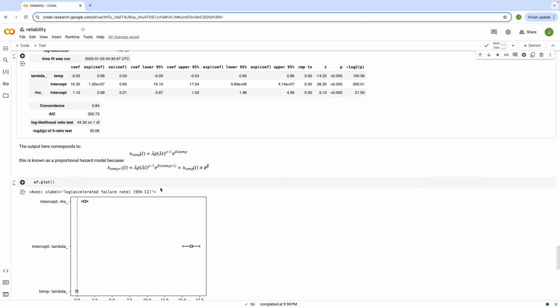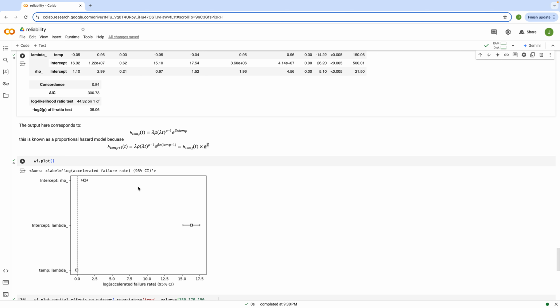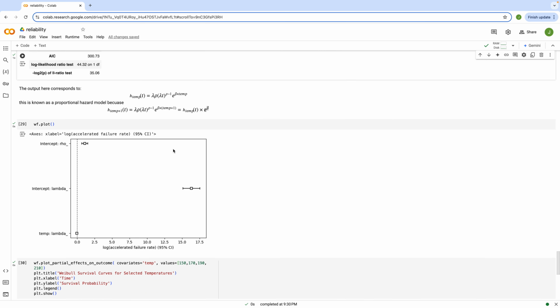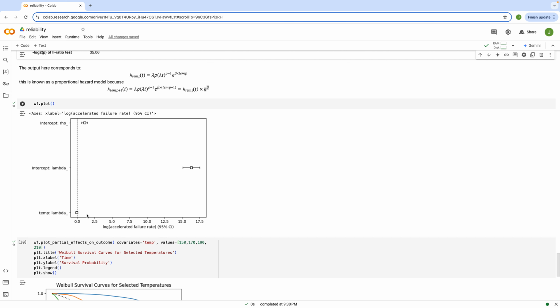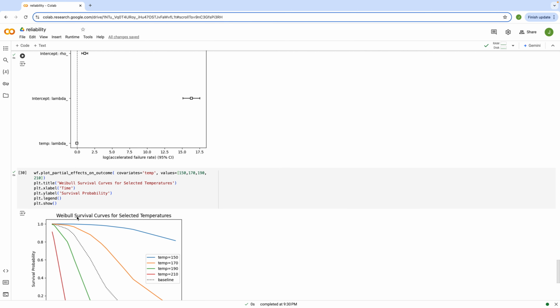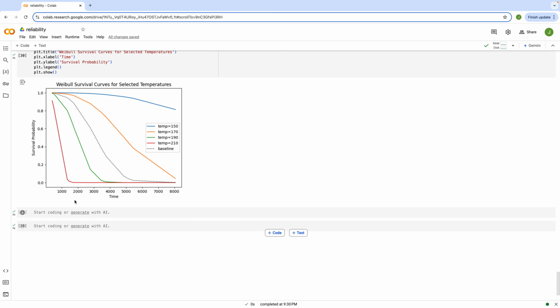But the key point is that this variable affects the failure time, and this is a plot of the coefficients against possibly being 0. 0 would indicate it doesn't affect the output. The temperature one comes close, but it turns out it does actually affect it, and so it just misses that line.